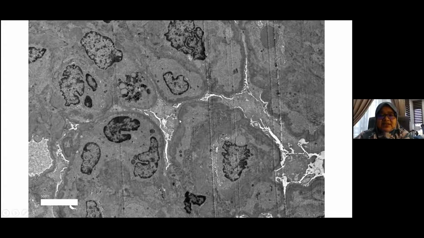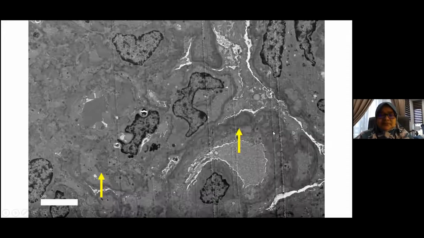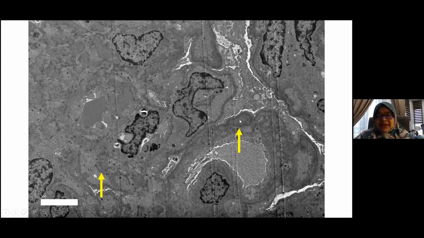All right, so the capillary loops appear thickened even in this lower power view. Okay, and if I can show you from the yellow arrows, this is one of the electron dense deposits.